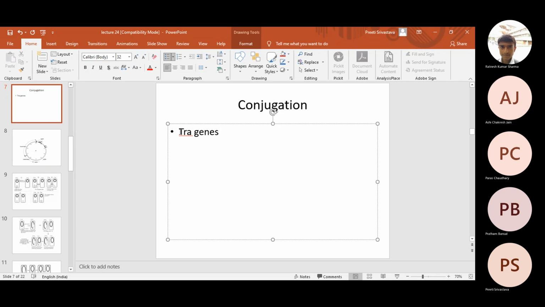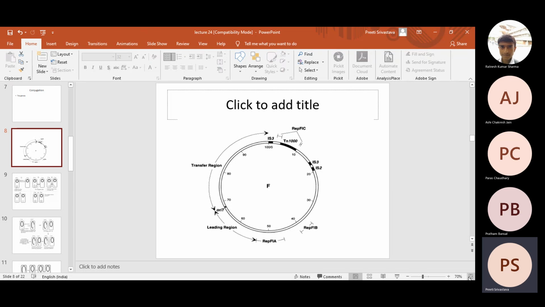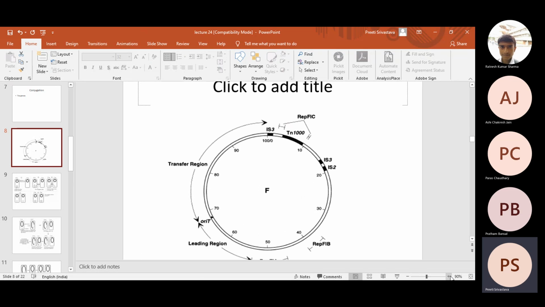It's a large number of TRA genes like TRA A, TRA I, TRA Q, TRA B, TRA C. Many TRA genes are involved, and if you see the map of the typical F plasmid, this is the transfer region. Almost 1/3 of the plasmid contains the genes for the transfer region.